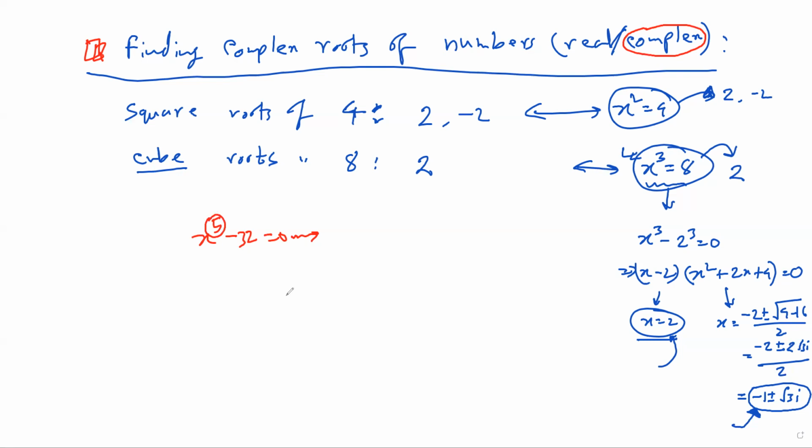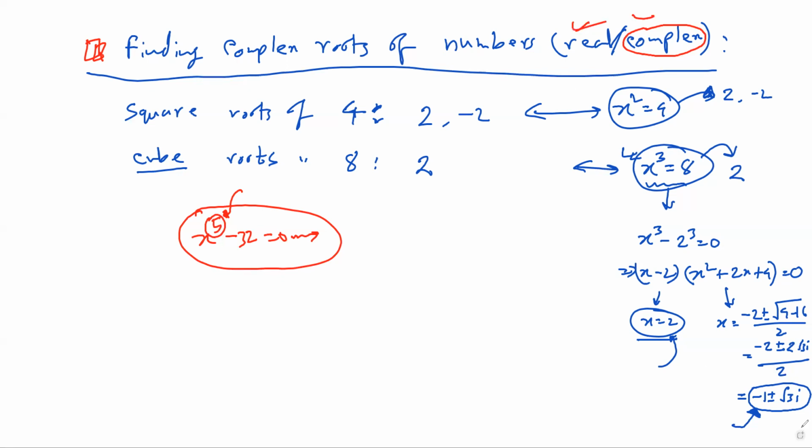What about x to the power 100 minus 2 to the power 100 equals 0? That would be pretty difficult to solve, right? So we have to find a smarter solution that can be applied to problems of this sort, and that doesn't get harder if we keep increasing the power here. And that method actually works for both real and complex.